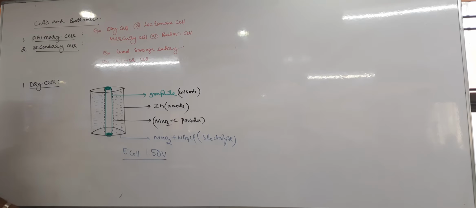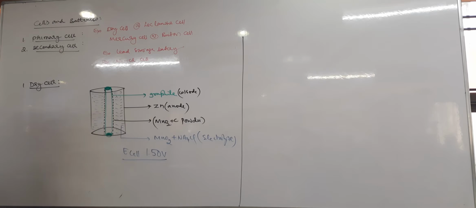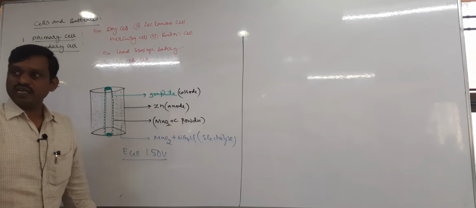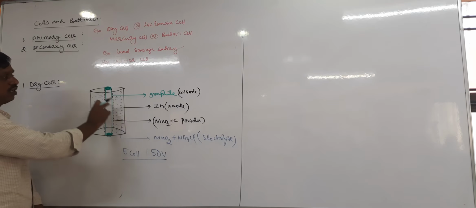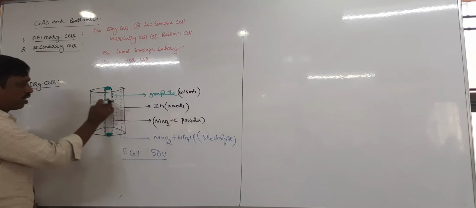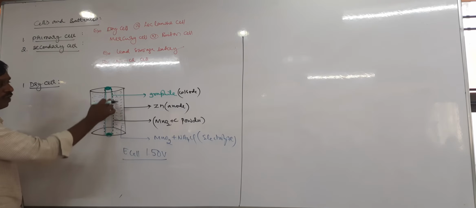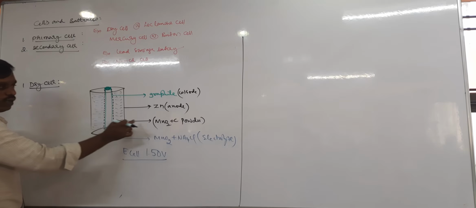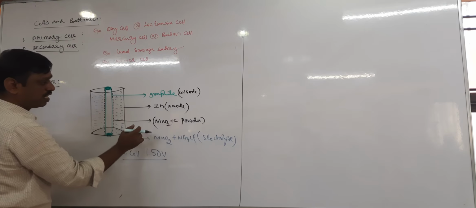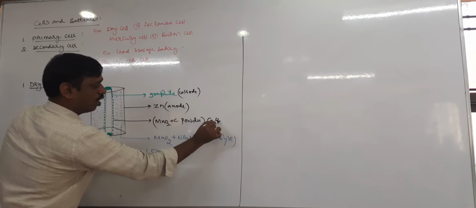Okay, now tell me. So this is the Leclanche cell, the dry cell. So a dry cell consists of a zinc cylindrical vessel which acts as the anode, and a graphite rod placed in the middle of the container, surrounded by MnO2 and carbon powder, which acts as the cathode.